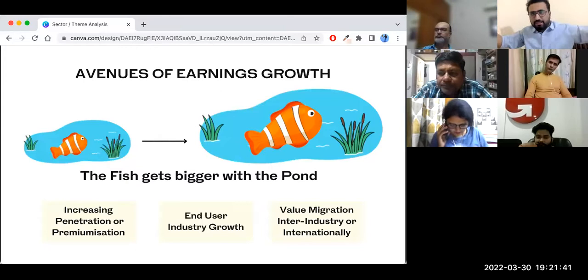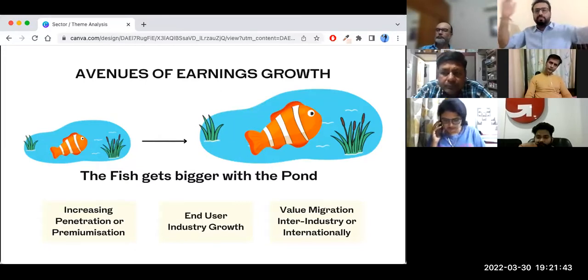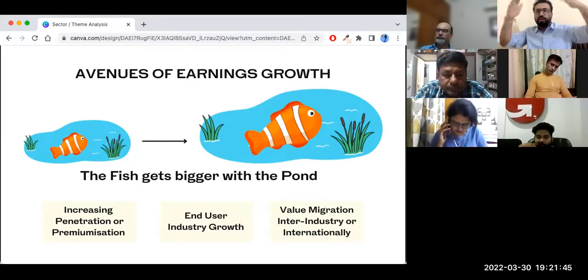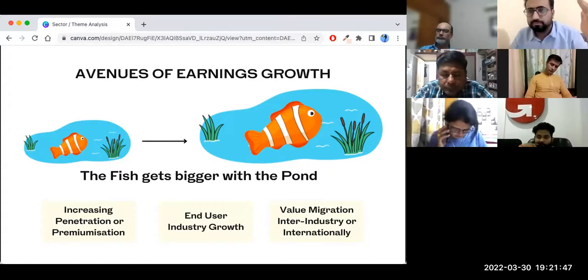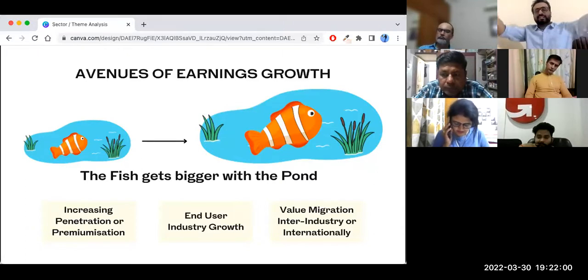Pond gets bigger, company gets bigger in the same direction, or almost the same value. The technical term here is that the market share of the company within the sector remains the same. Market share remains the same, but because the sector is expanding, the company is taking benefit of it.